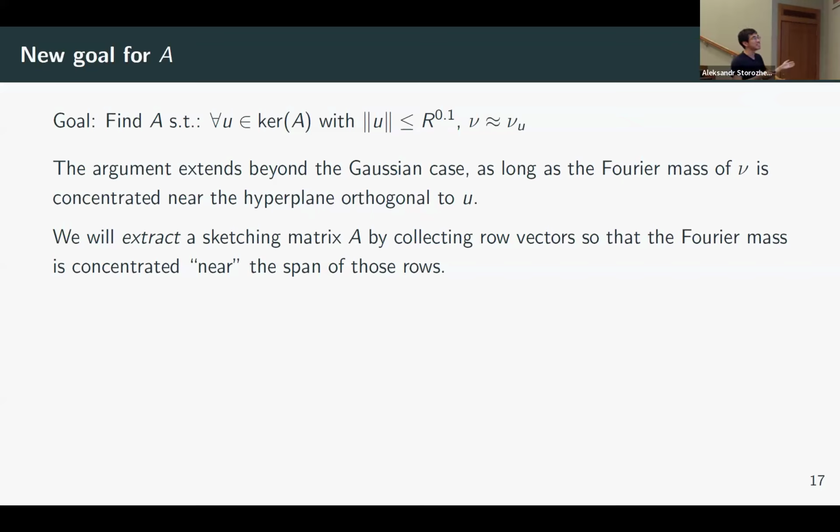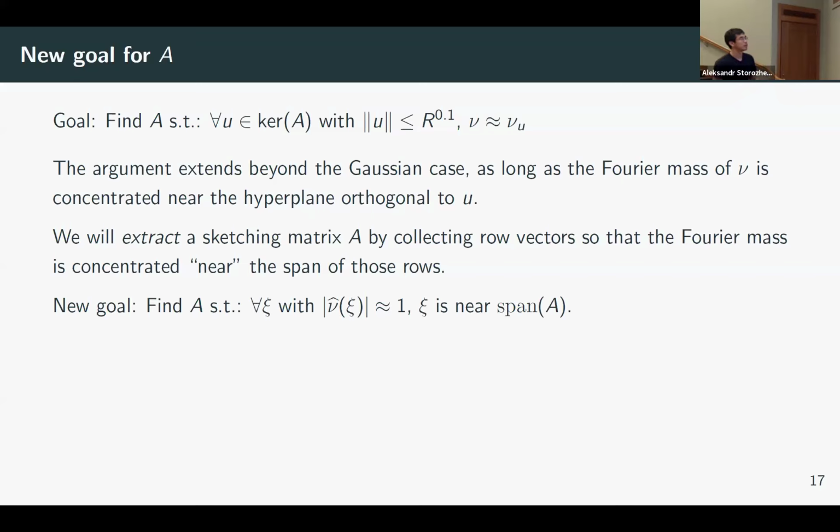If that is the case, then whenever we look at a shift vector u, and then come to this analysis on this function f, the hyperplane orthogonal to u will contain basically everything that has a large Fourier mass. So I guess the final goal is just to find a matrix A such that it collects all the high Fourier coefficients.